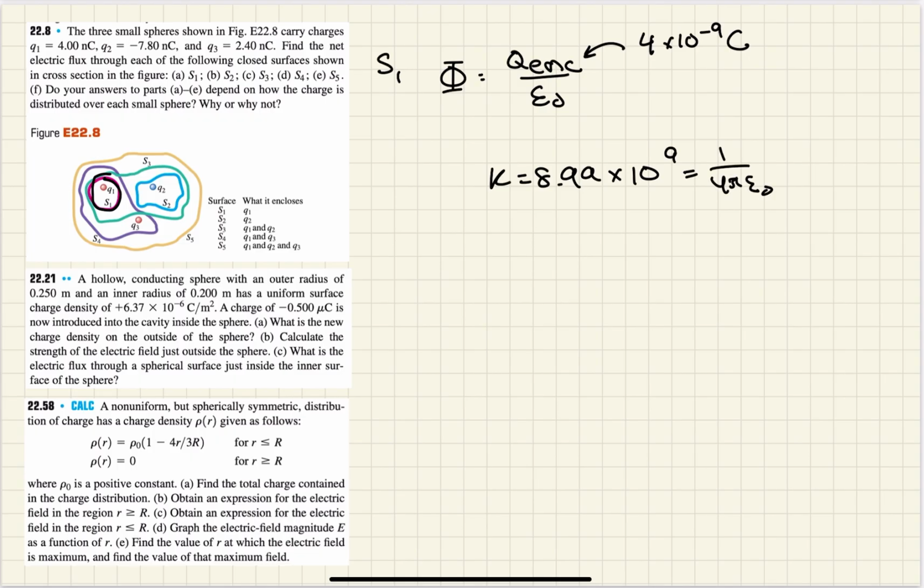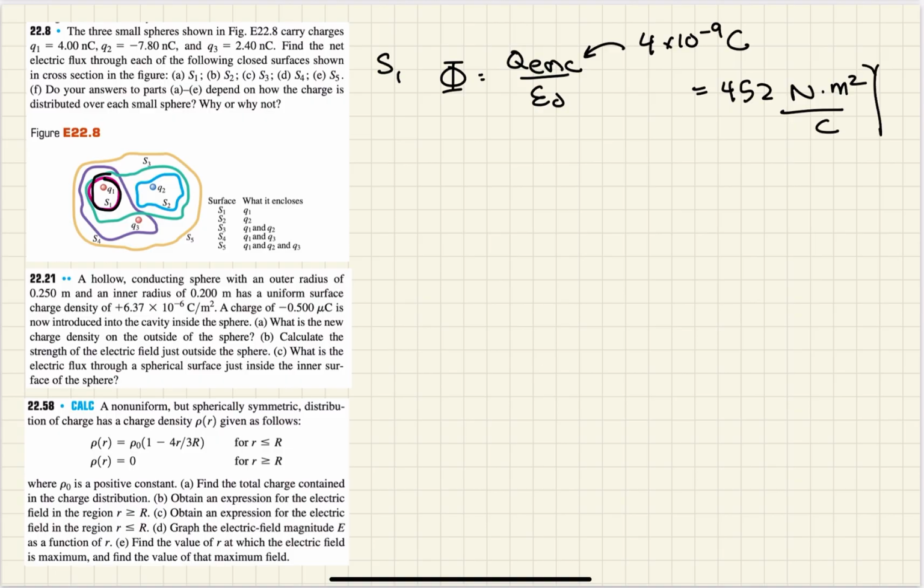So solving for epsilon naught, you get epsilon naught equals 1 over 4 pi k, approximately 8.85 times 10 to the power of negative 12. You plug that in here, and you get 452 Newton times meter squared per coulomb.